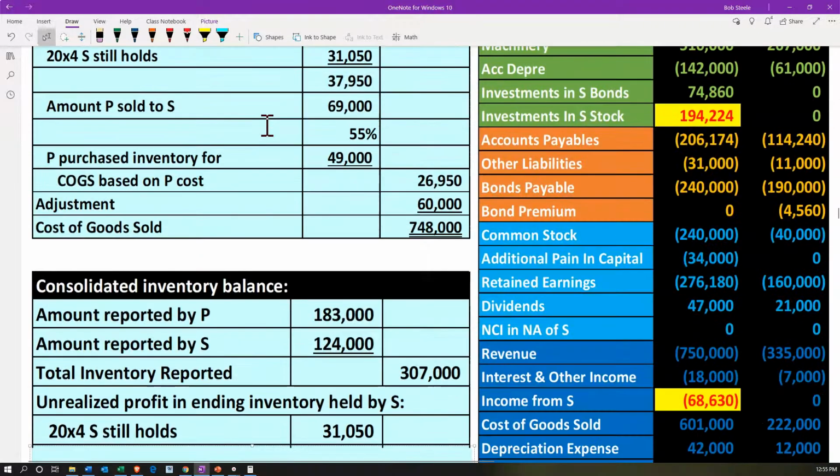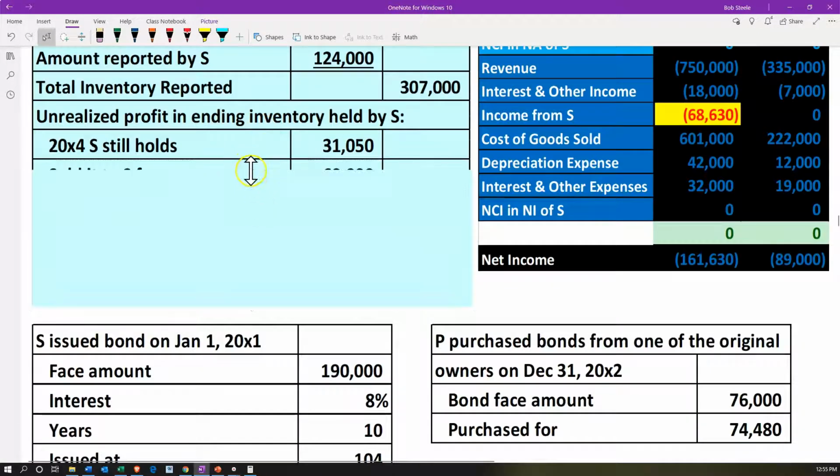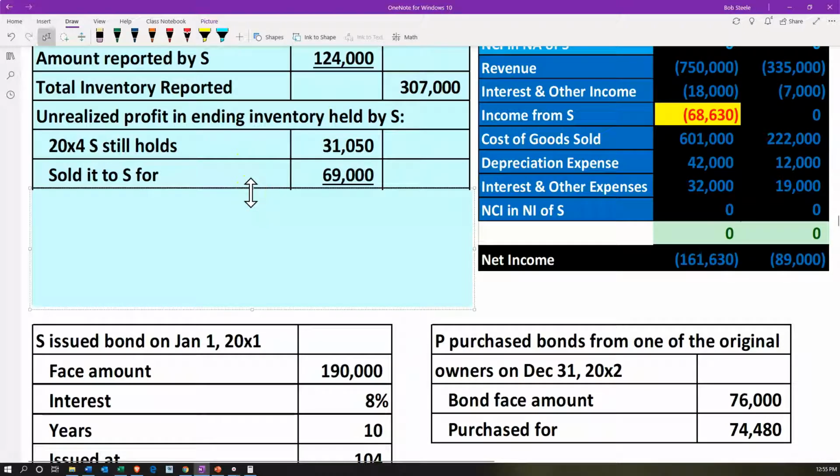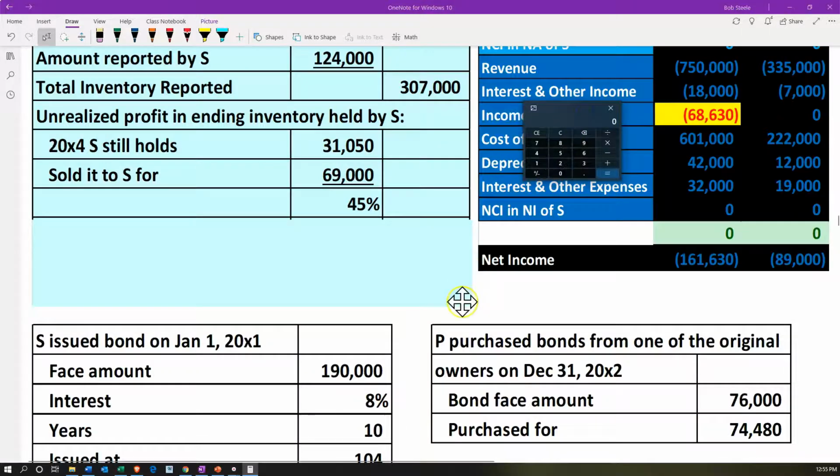So we can use our ratio analysis there again. We can say, all right, there's the 31,050. If I compare that to the 69,000, we're going to get a 45%. That 45%, of course, being calculated with the trusty calculator at the 31,050 divided by the 69,000. There's the 45%.